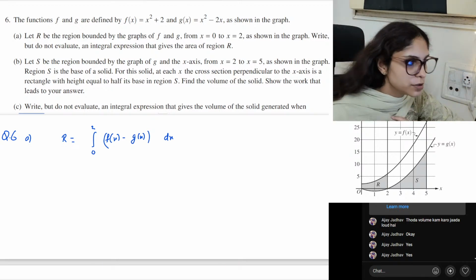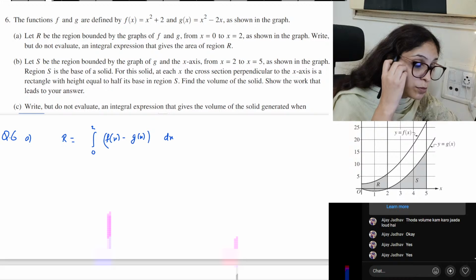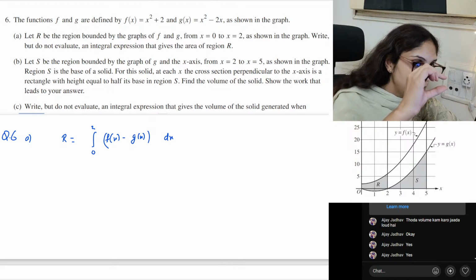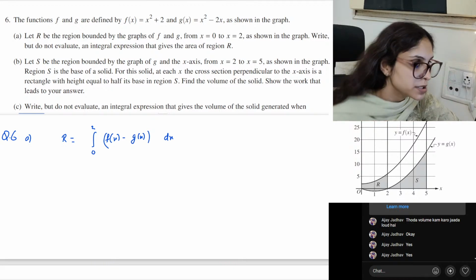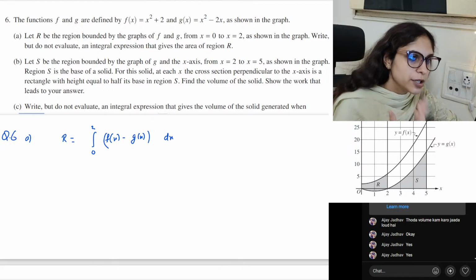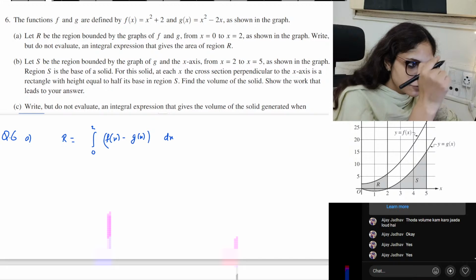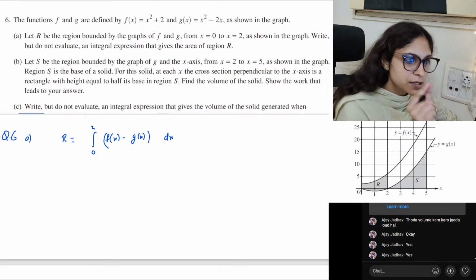Because f of x is on the top and g of x is on the bottom. So the height or the length is going to be f of x minus g of x. Width is dx. And we are finding the area. So area of small rectangles is going to be length times width. Length is f of x minus g of x. Width is dx.